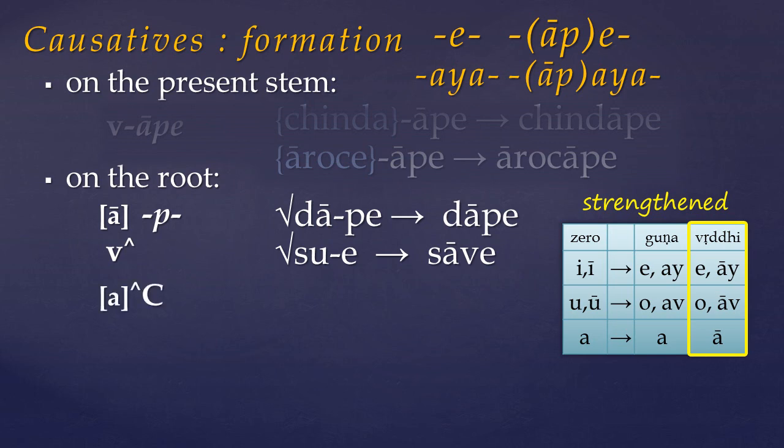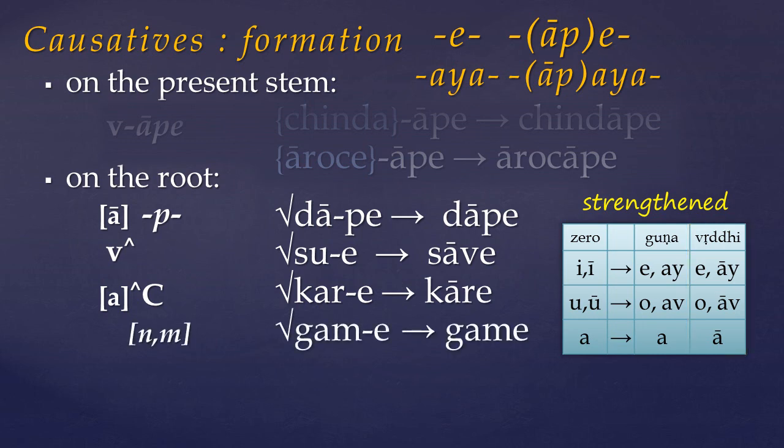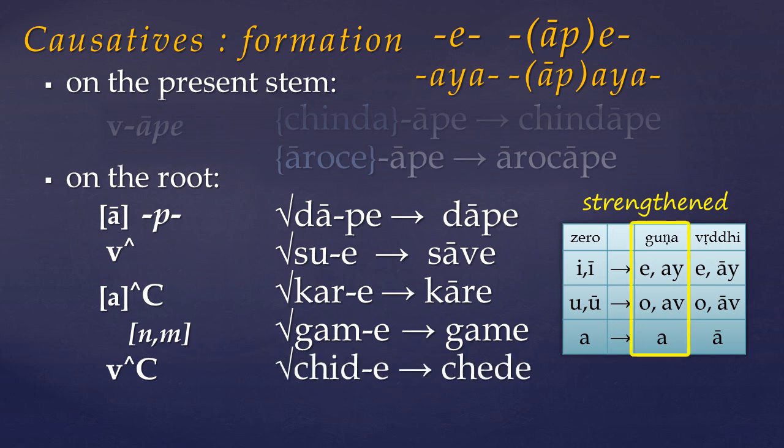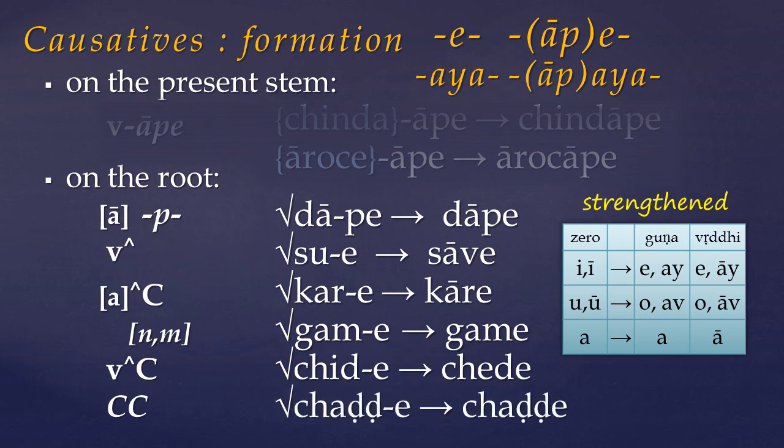And roots where the radical vowel is a short a, followed by a single consonant, they too generally strengthen to the vriddhi grade. There are some exceptions, notably roots ending in an n or an m. While roots with a radical vowel other than a, followed by a single consonant, they are strengthened, but to the guna grade. And any root which ends in a double consonant, the root is left unchanged. And some verbs don't follow any of these rules.